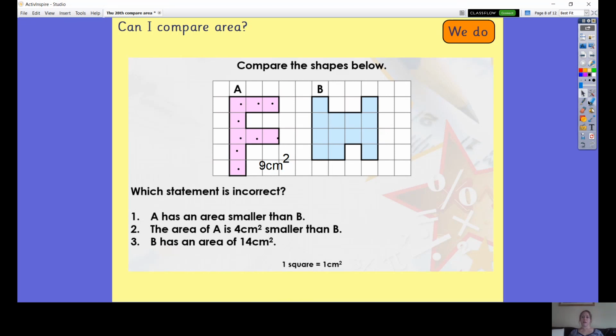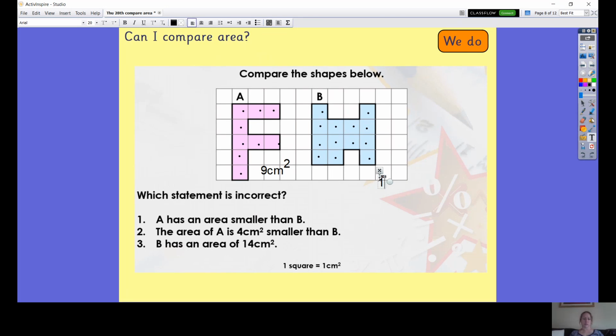And then go to the area for this one. 1, 2, 3, 4, 5, 6, 7, 8, 9, 10, 11, 12, 13. So the area of shape B is 13 centimetres squared.